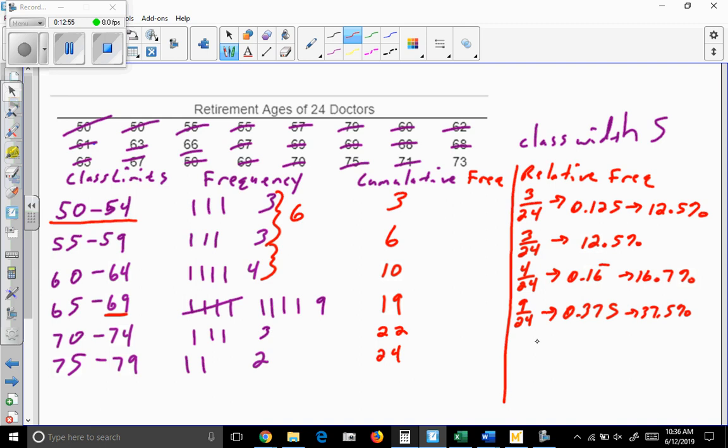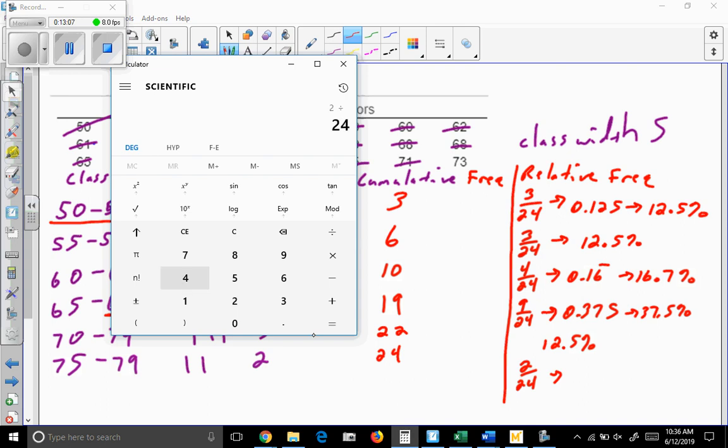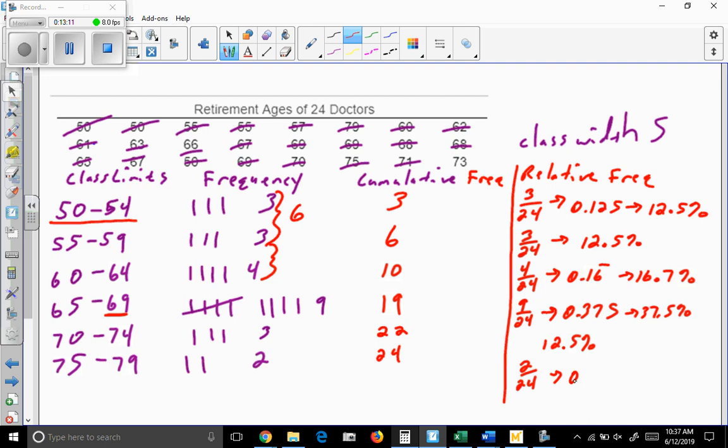The next category is another 3. So 3, we said, has a relative frequency of 12.5%. And then the last category has 2. So 2 divided by 24 is 0.083 repeating, or about 8.3%.